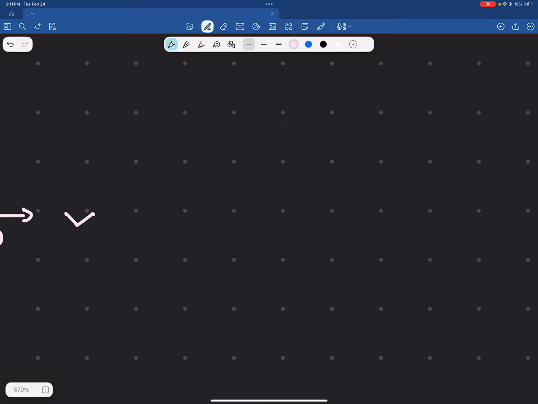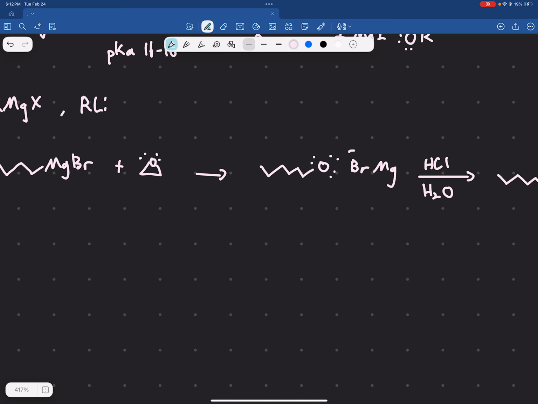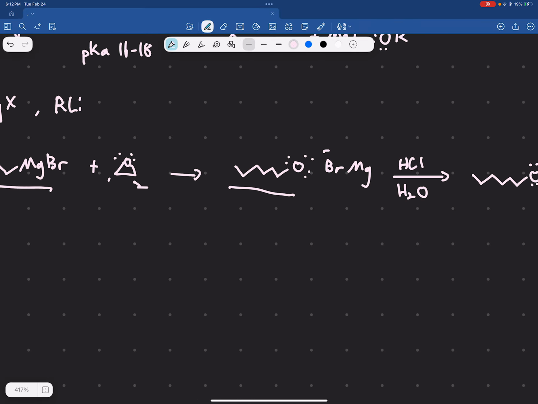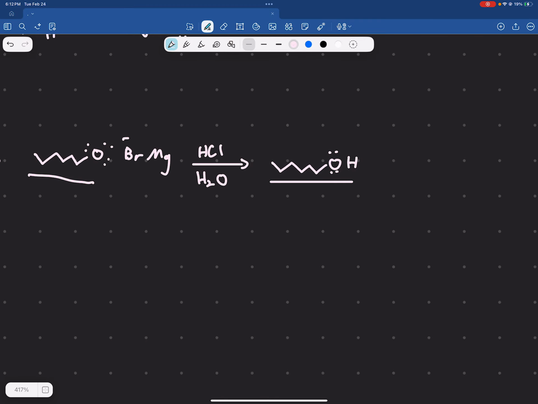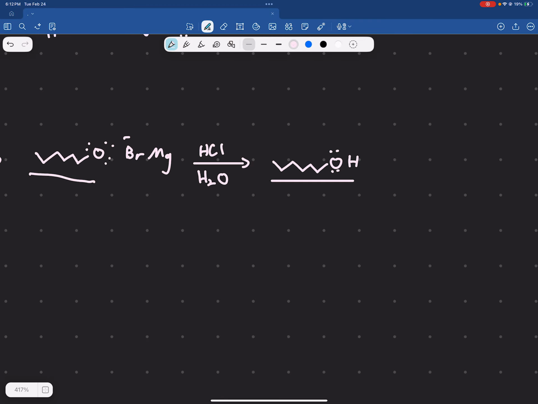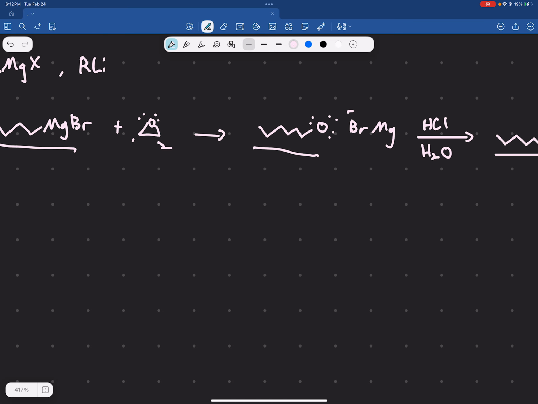It's going to form 1-hexanol. So notice how we actually added these two carbons to this compound and formed an alcohol. So this is a way of extending our carbon chain.